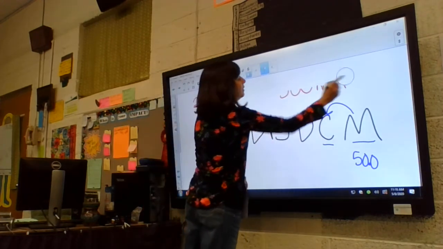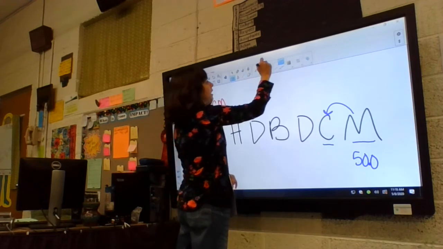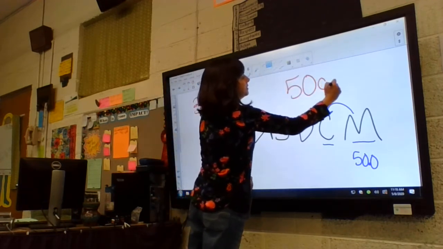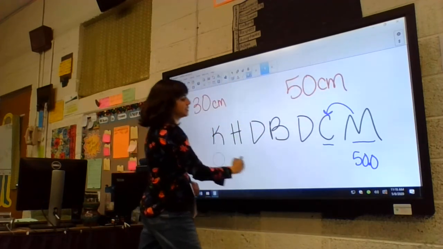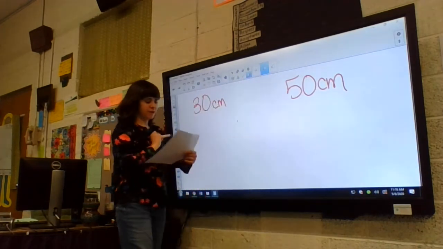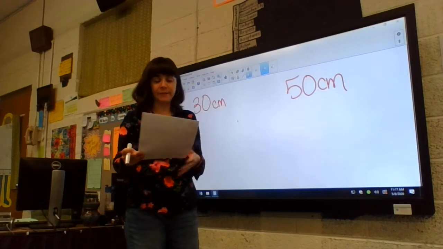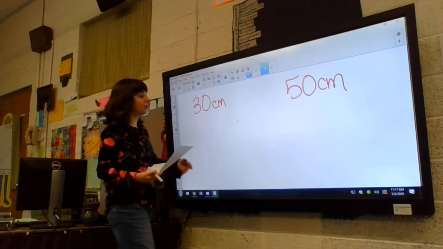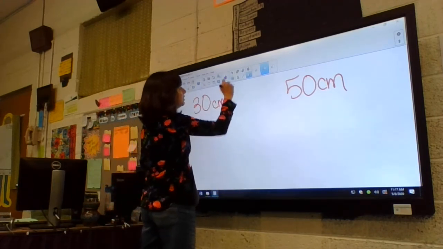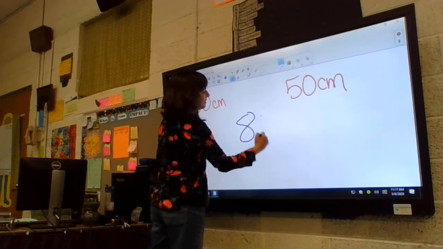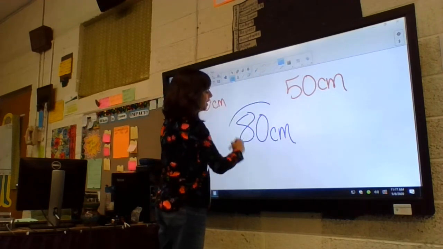So I'm just going to rewrite this as 50 centimeters, okay? And then that makes the problem so easy because all you're doing is finding the total. How many centimeters long are the two line segments together? So we're just going to add 30 plus 50 to get 80 centimeters, okay?